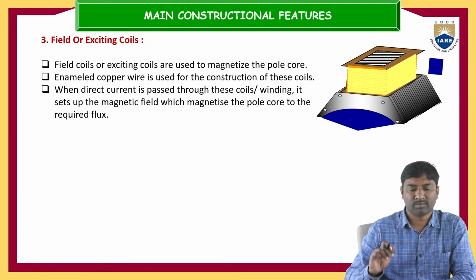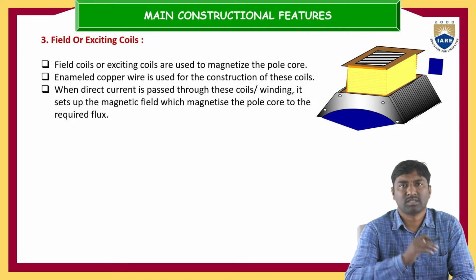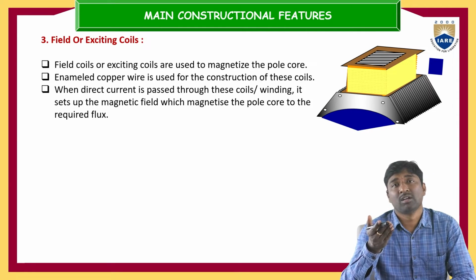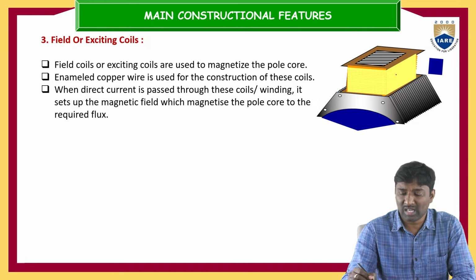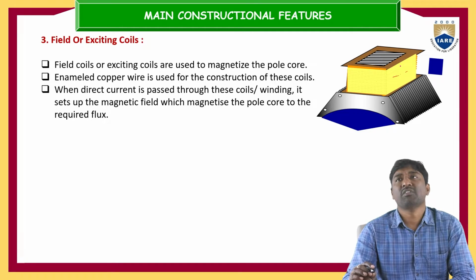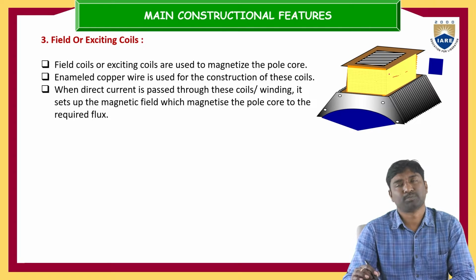Next, field or exciting coils. This is also called the field winding. That is, field coils or exciting coils. You can observe this yellow color symbol is the field coils. These field coils are placed on the pole core.